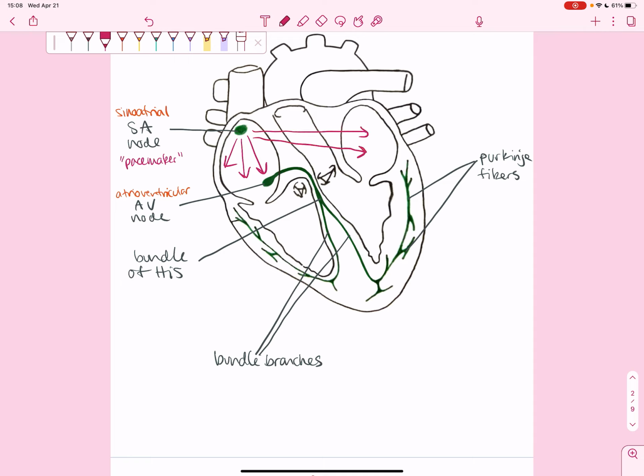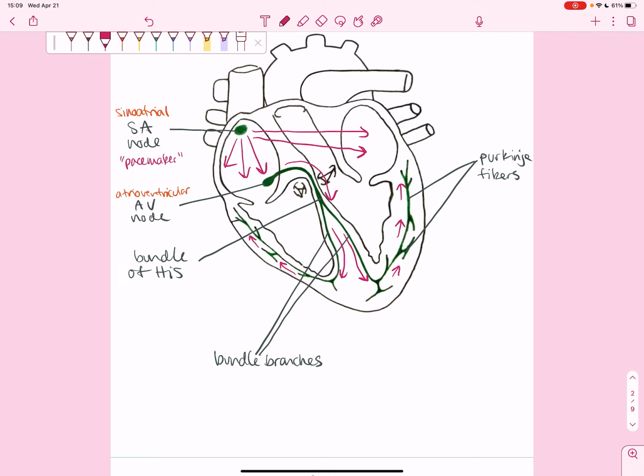Then the signal goes down this way through the bundle of His, and it splits off between the bundle branches. From the bundle branches, you go up through the Purkinje fibers, this way and the other way.